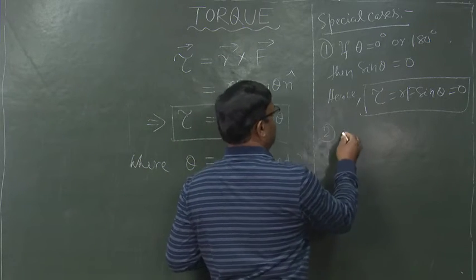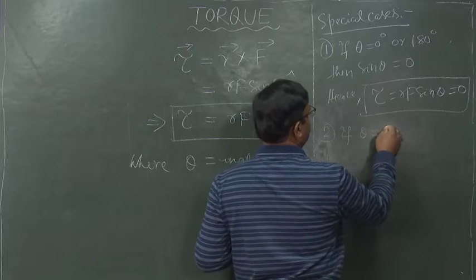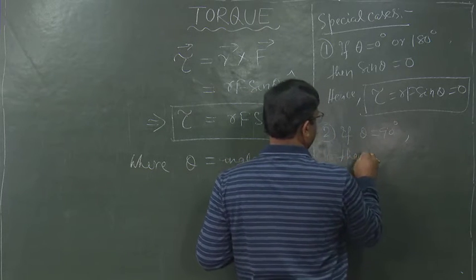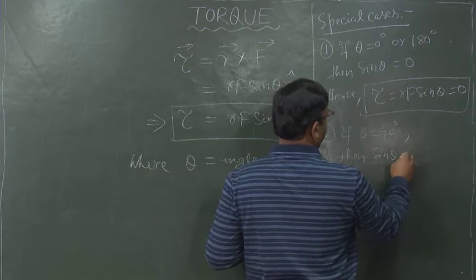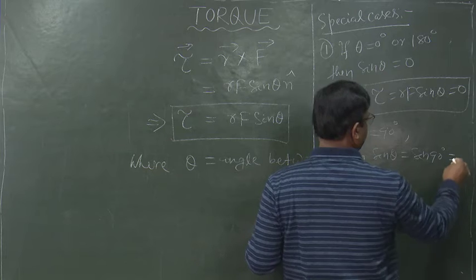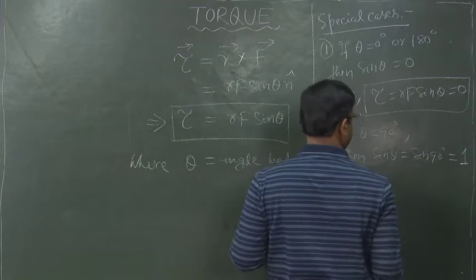Number 2, if theta is equal to 90 degree, then sin 90 degree is equal to 1.